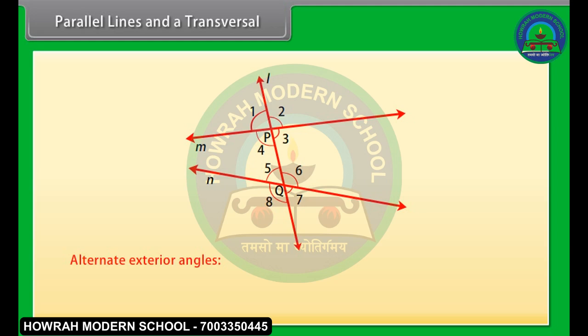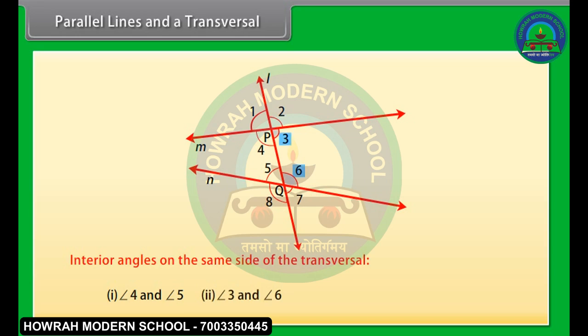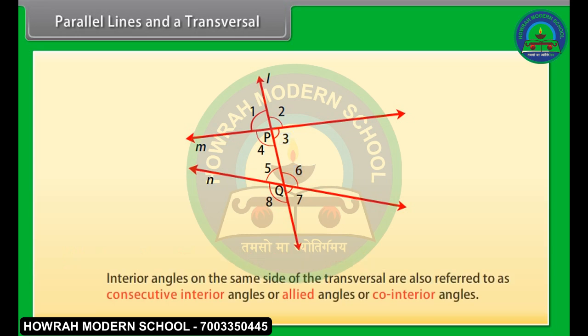Then comes alternate exterior angles, and they are angle 1 and angle 7, angle 2 and angle 8. Next is interior angles on the same side of the transversal. These are angle 4 and angle 5, angle 3 and angle 6.